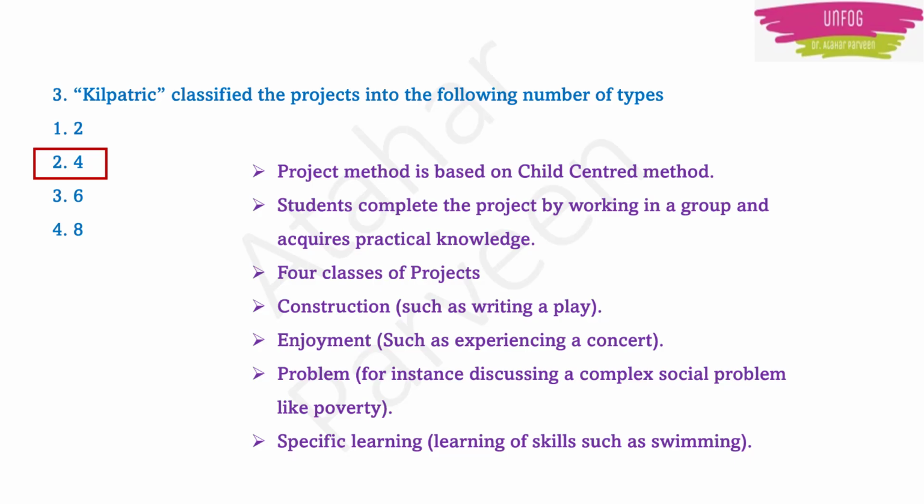You need to remember these 4 types also because there is a chance that any question may come from this topic. You should know about Kilpatrick, you should know about the project method, you should know that it is a child-centered method, and you should know that there are 4 classifications in it: construction, enjoyment, problem and specific learning.